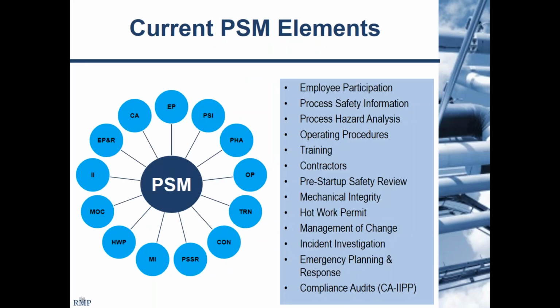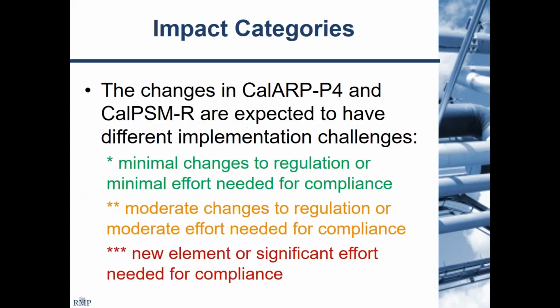Now, I'm sure you're familiar with this. This is the current program. This has been out there for about 20 years now. You should be well aware of all the 14 different elements of the normal PSM program. What I want to discuss now are the changes to this PSM program that are going to begin starting October 1st.